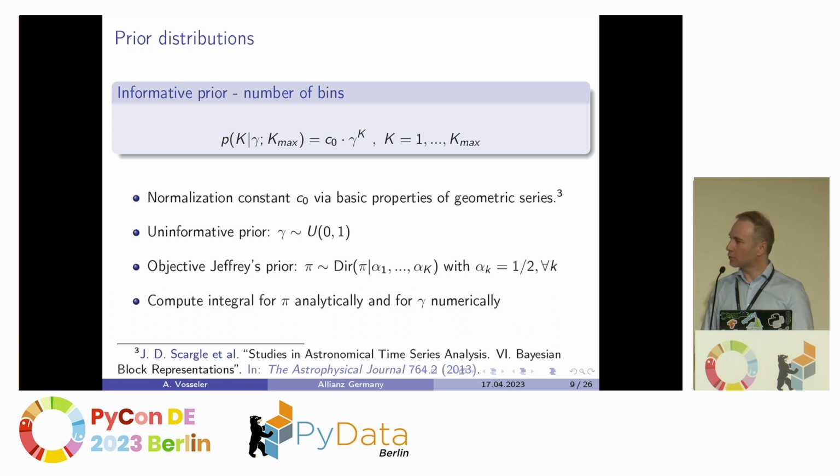And therefore we have to integrate the parameter vector pi. This can be done analytically because it's a conjugate model. And we integrate also this hyperparameter gamma numerically, which can be done, for example, by importance sampling or numerically by, let's say, a Simpson's rule or things like that.